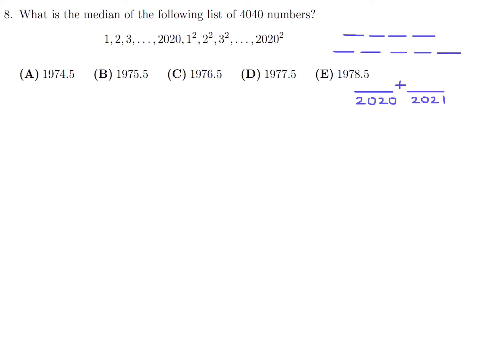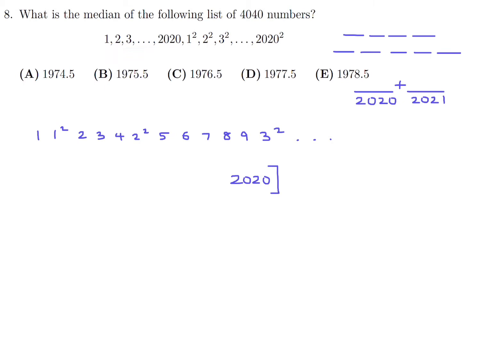Okay, so let's figure out what it will be. This list obviously is 1 and then 1 squared, then 2, then 3, then 4, and then 2 squared, and then 5, and then 6, and then 7, and then 8, and then 9, and then 3 squared, and so on, right? I just made sure that I put those in sort of chronological order. And then this just keeps on going, and then eventually it ends at 2020 for this list.